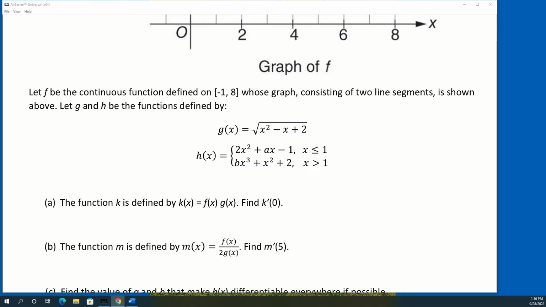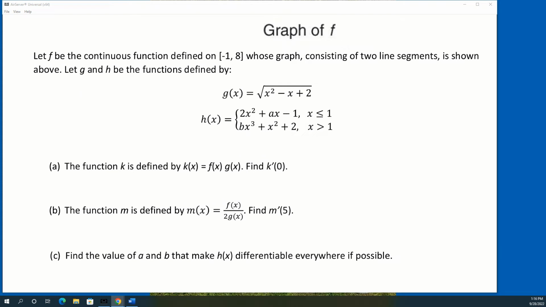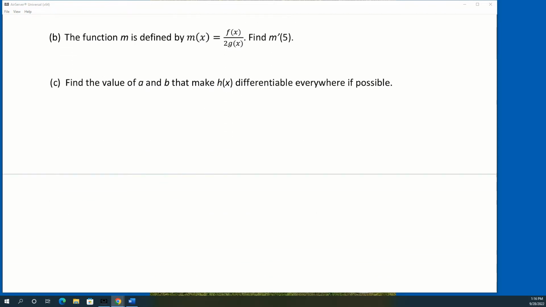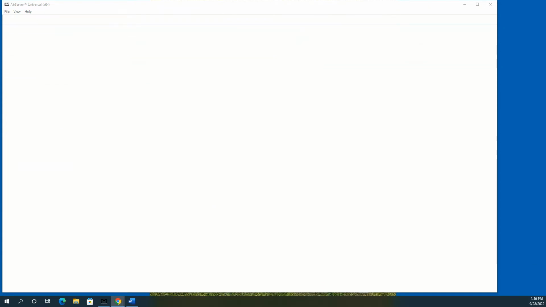So on A, we're going to find k prime of 0, where k is f of x times g of x. What I would do first, if I was you on A, is just write out the product rule.